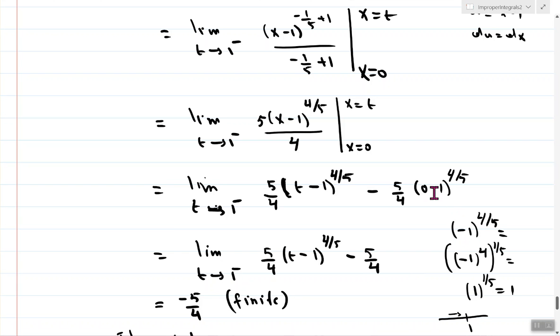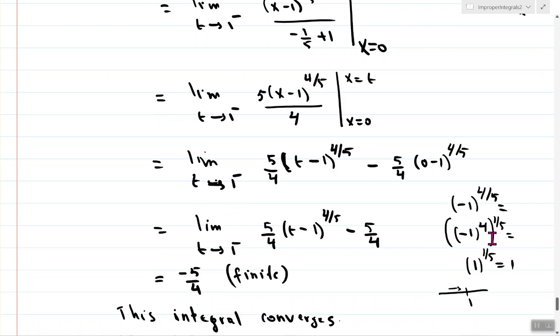Negative 1 raised to 4 over 5 basically means you can take negative 1 to the 4th power, which gives you 1, and then raise 1 to the 1 over 5, which is still 1. So this gives us 1 times negative 5 over 4, which is negative 5 over 4.